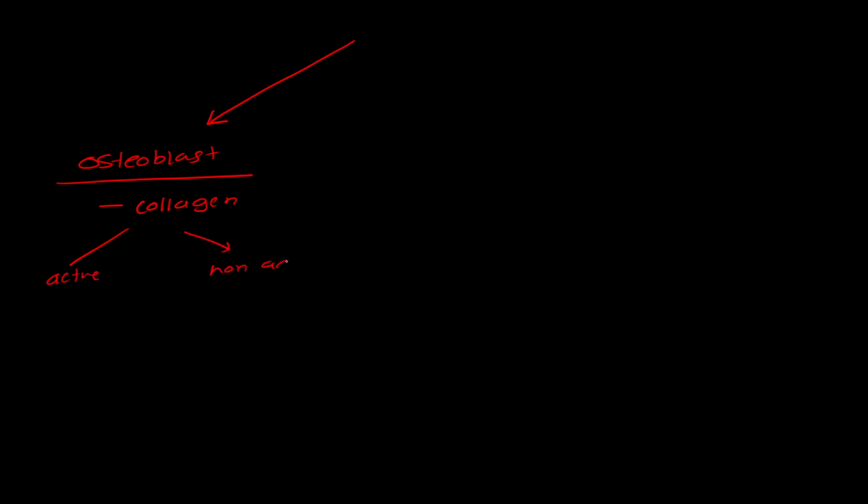How can you differentiate? The active are more basophilic, and these active cells have the capacity to produce or secrete osteoid, and also they secrete certain other important materials as well, such as glycoproteins.